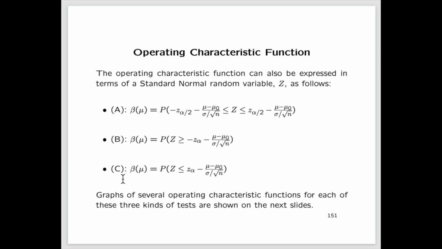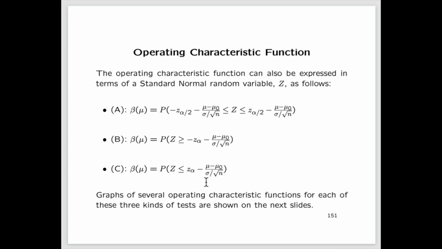And for the right-tailed test, the operating characteristic function beta as a function of mu, the true value of the population mean, is given by the probability that a standard normal random variable z is less than or equal to positive z sub alpha minus mu minus mu naught over sigma over the square root of the sample size.